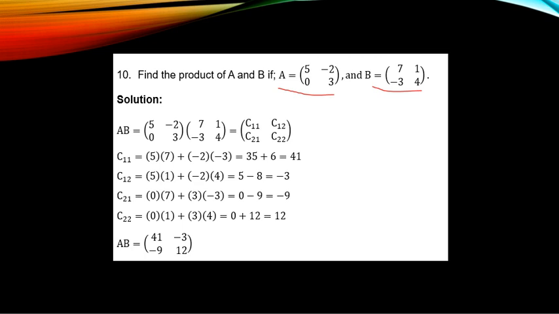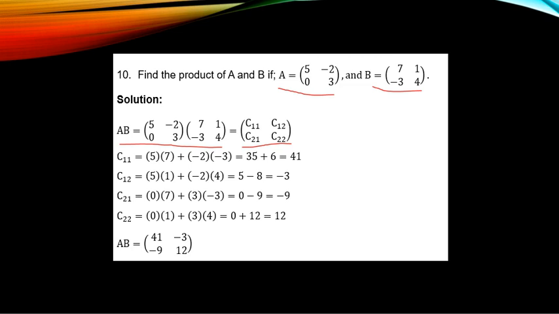This means that the number of columns in matrix A is equal to the number of rows in matrix B. That means we can multiply matrix A by matrix B, and our result will be a 2 by 2 matrix. Okay? So this is AB now, and the result is matrix C with this entry.